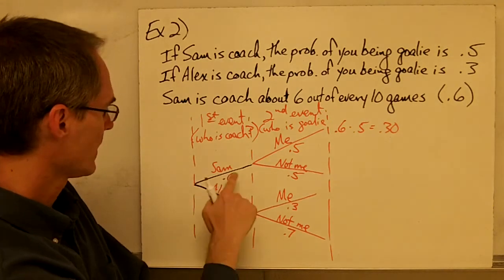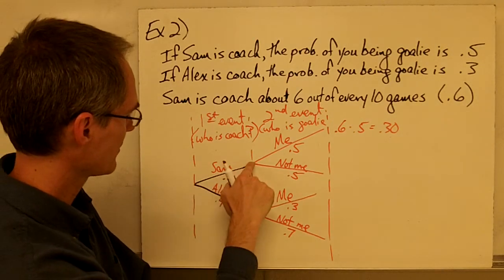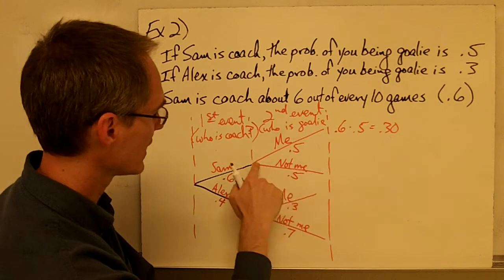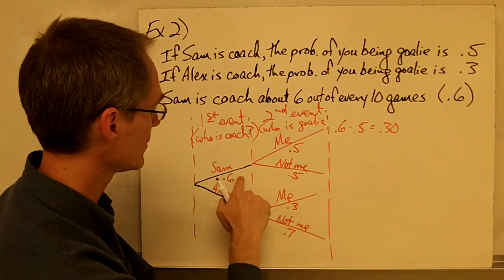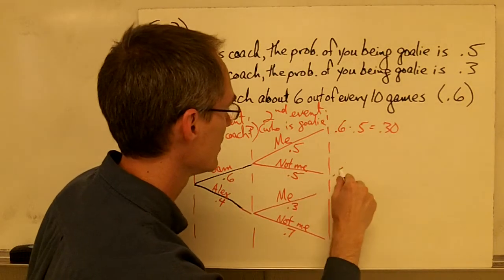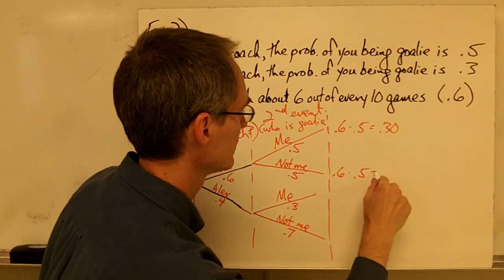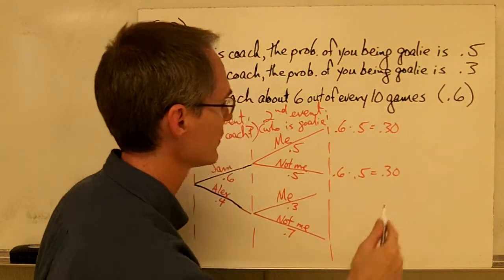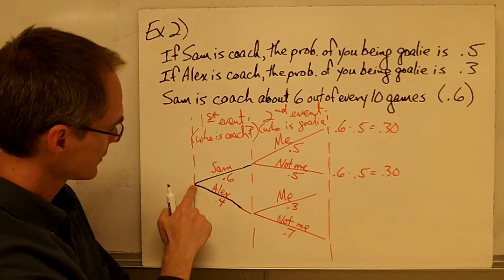All right? So now let's look at this branch here. Sam is the coach, and someone else besides me is the goalie. So that's going to be 0.6 times 0.5. That's 0.30. Let's look at this branch here.